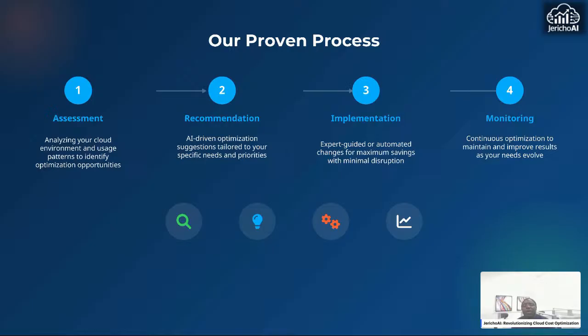And so our system, Jericho AI, has a proven process. It does assessment, it does recommendation, and then it also provides an implementation guide or even implements, and then does monitoring. In assessment, the tool analyzes your cloud environment and usage patterns to identify automation opportunities, right?